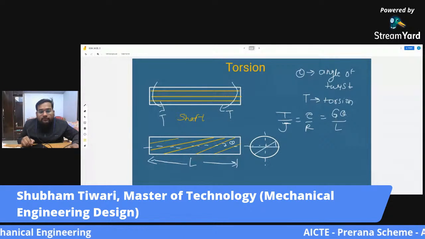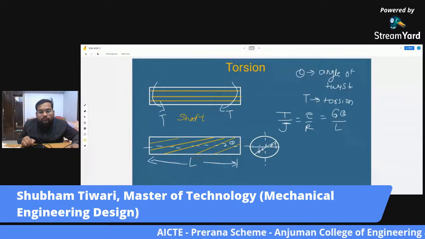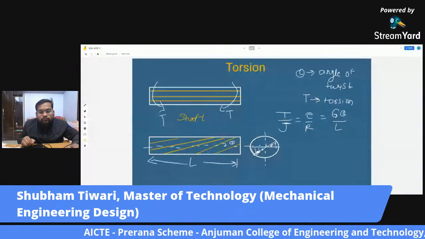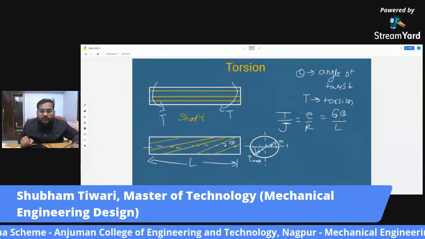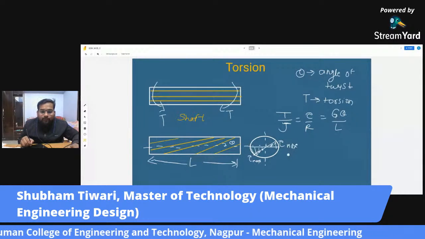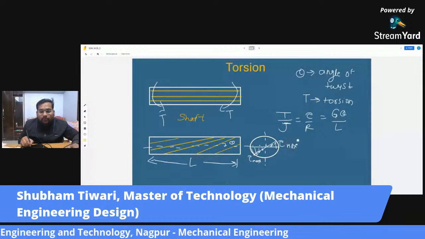It is like this. Tau, and at the outermost layer, the shear stress will be maximum. Why? Let us see why it is so.